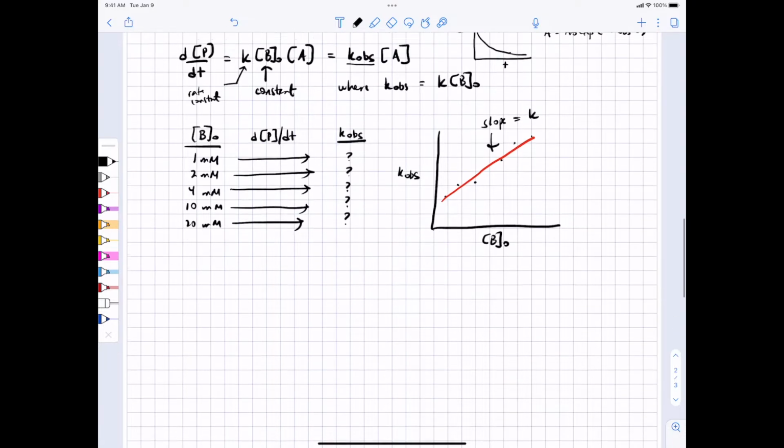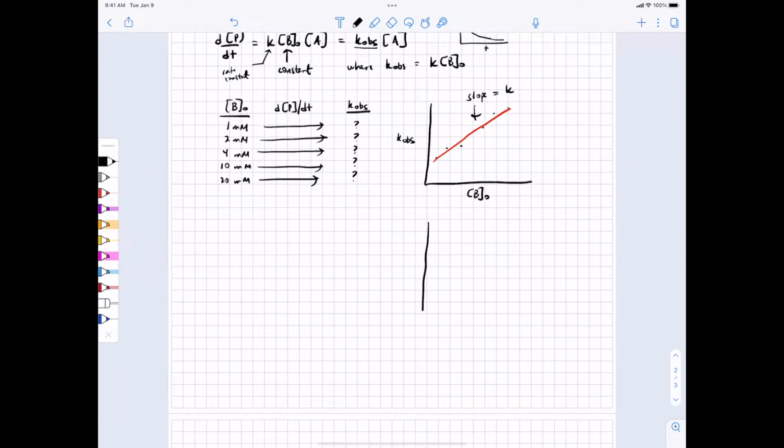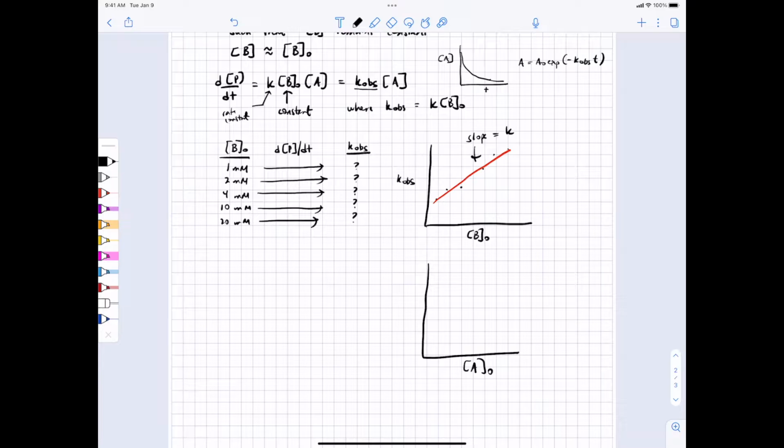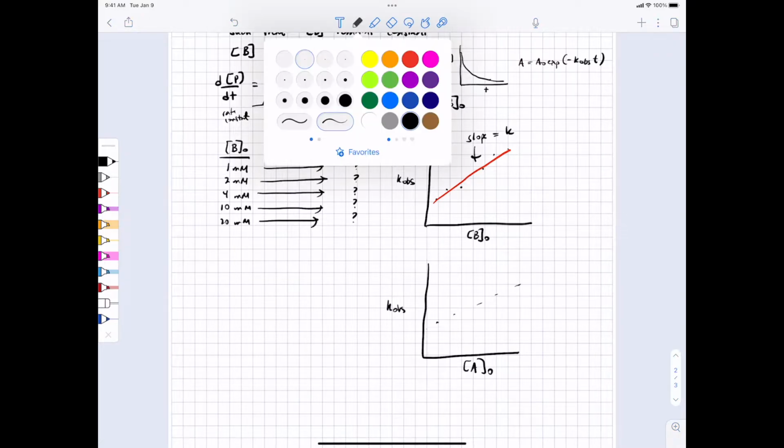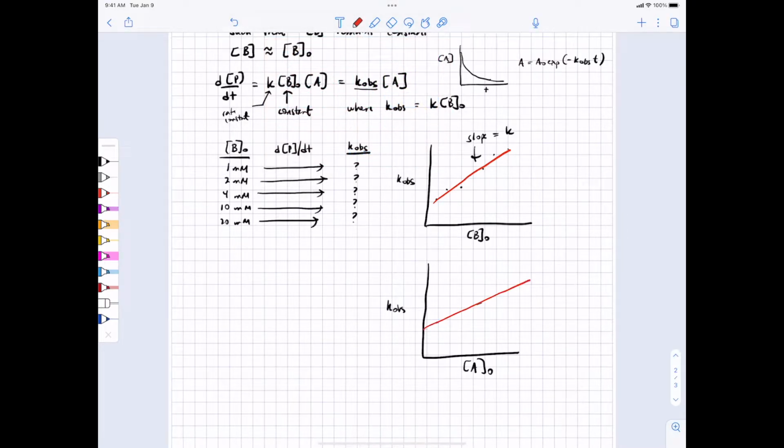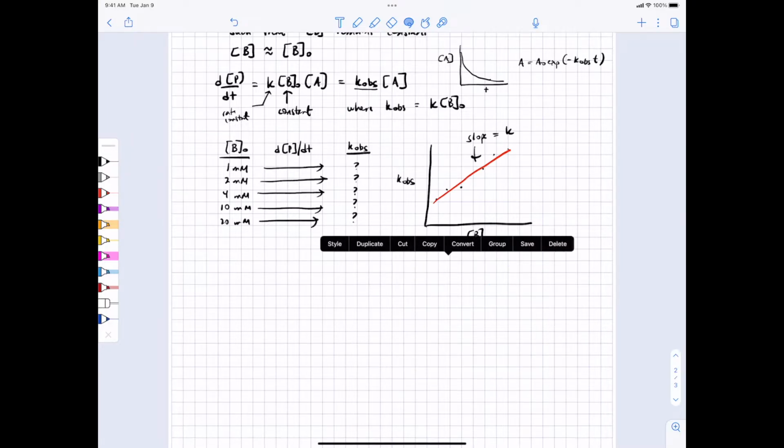And of course, I could go back now and keep A constant and measure k obs, and then do a similar type of experiment, and that would demonstrate first order dependence in A as well. Okay, so that's pseudo first order kinetics, a common strategy that's used to simplify some complicated situations.